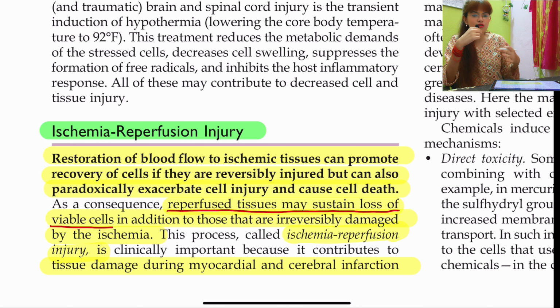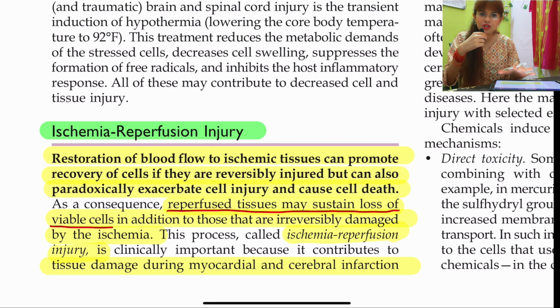Whenever there is reperfusion or restoration of the blood flow, the ischemic area will recover. The ischemic area will no more suffer injury. It will start to heal. It will have its survival now. But during this process of reperfusion, there is damage to some kind of cells.